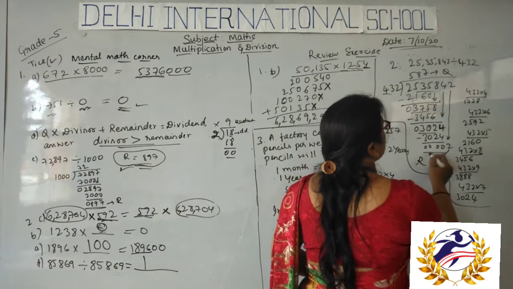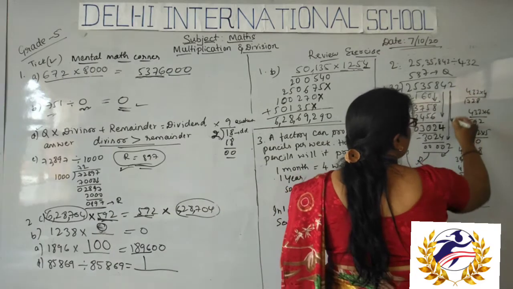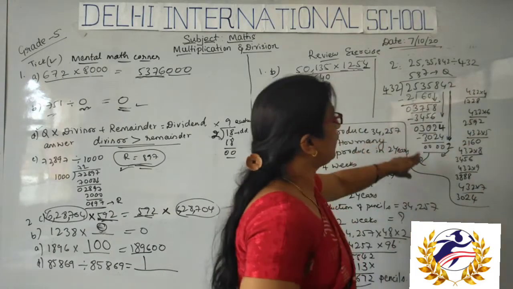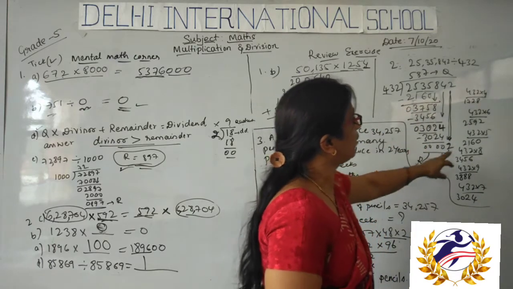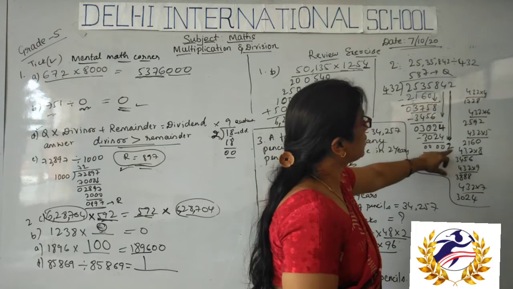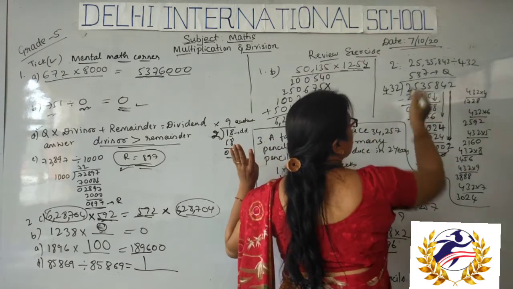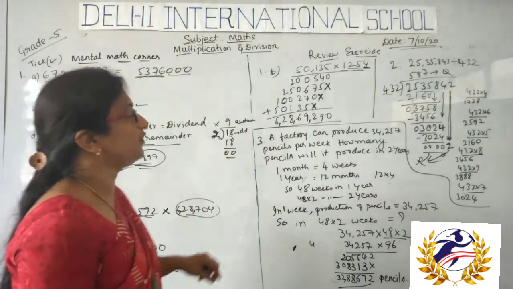So I got the remainder 0. But 2 I have to carry below. So again I cannot multiply. After multiplication with 432 I cannot get 2. That's why 2 is the remainder I left as it is. So this is the quotient. 587 is the quotient I got by division.